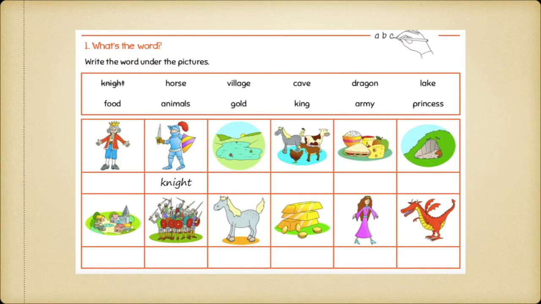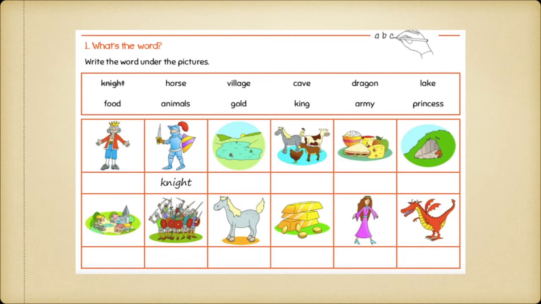It's really just a recap on what we did at the beginning. So you need to match the word with the pictures underneath. So we've got knight, horse, village, cave, dragon, lake, food, animals, gold, king, army, and princess.